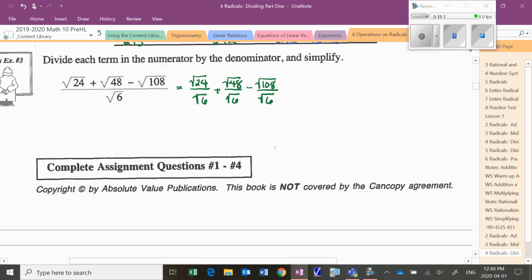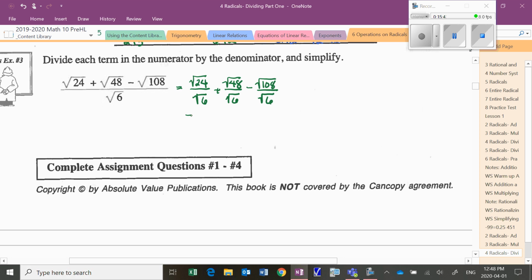And so certainly we know that we cannot add root 24 plus root 48 and subtract root 108 because they are not like radicals. We could certainly try to simplify and see if we end up with like radicals, but this is a much nicer way of starting things out anyways, because our numbers get smaller since they all divide by root 6.